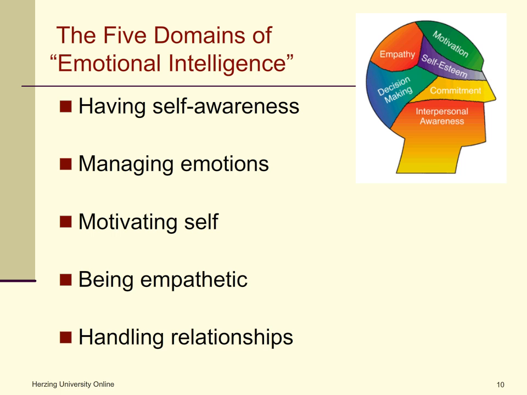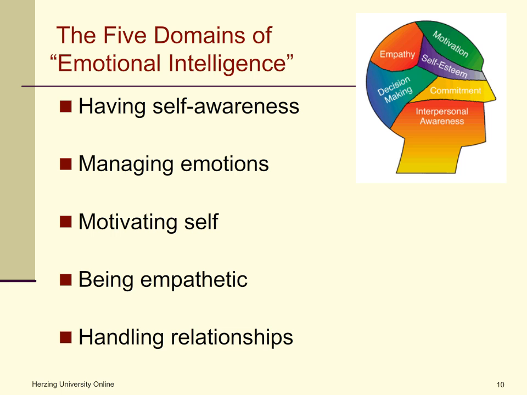Another domain is managing emotions, which means that negative emotions such as anger, fear, passive aggressiveness are avoided. Another domain is motivating self, which suggests that we would be internally driven rather than externally.